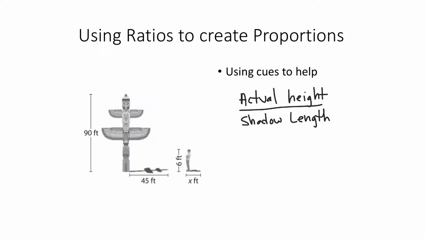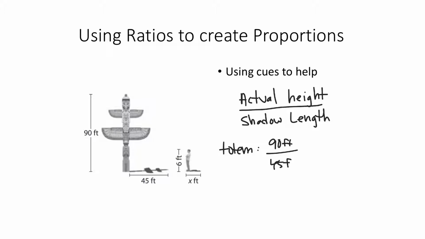And so the idea is that I can compare these two things, whether it's the totem pole or the person standing next to it or anything else in that vicinity. And so for example, the totem has a ratio of its actual height to its shadow length of 90 feet to 45 feet.